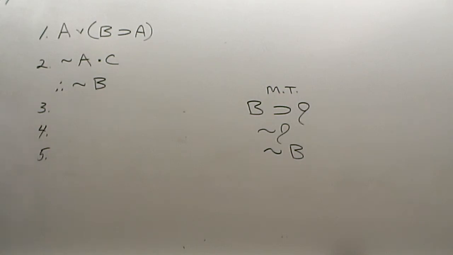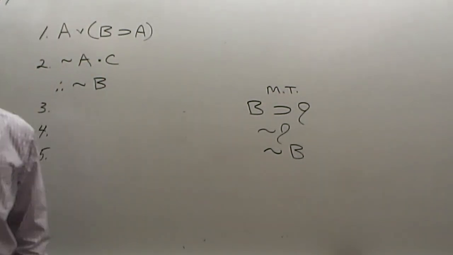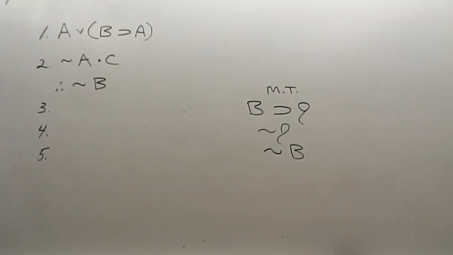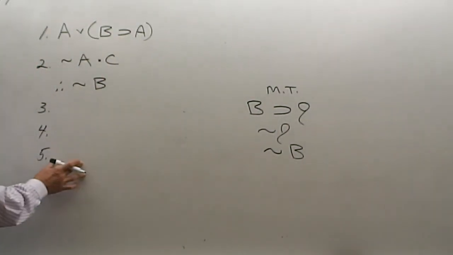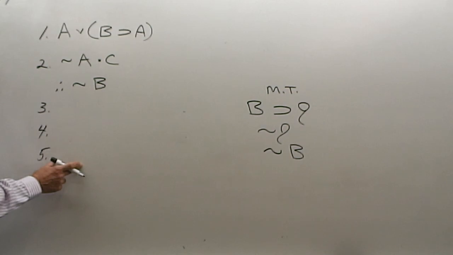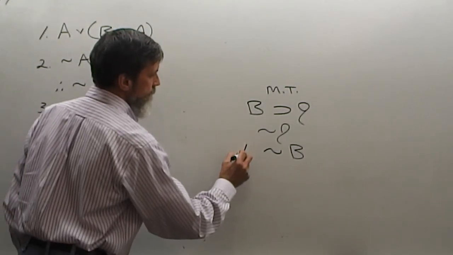Well, we had some question during the break about our numerical notation, the numbering of these premises, or the conclusions. So I'm going to try to point out where we're getting them from. This is the last step of the proof. So it's number 5, because that is the last step of the proof.